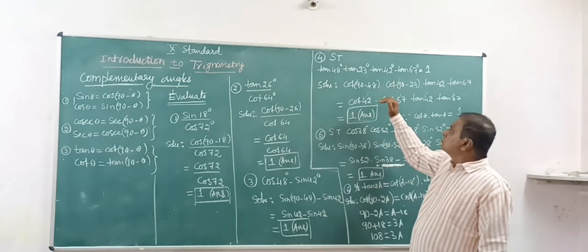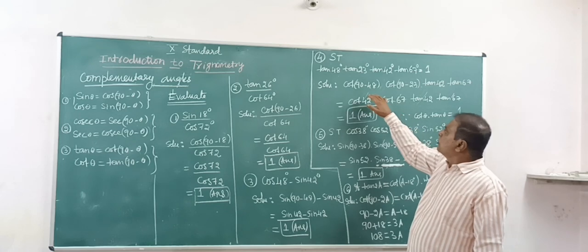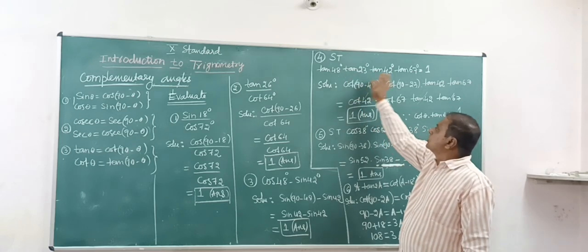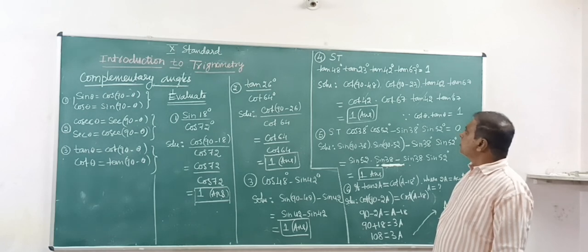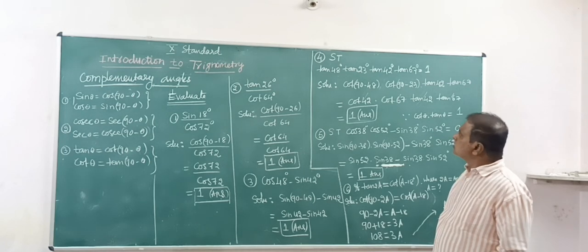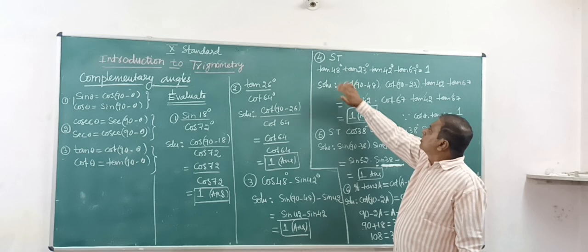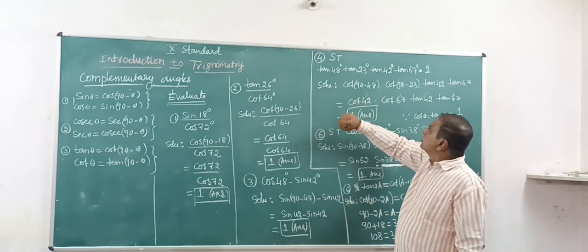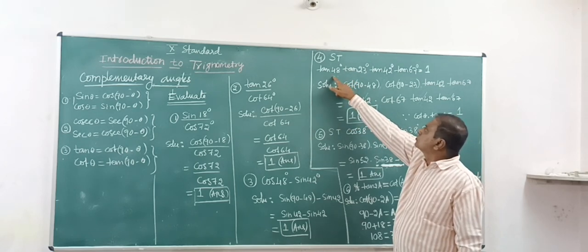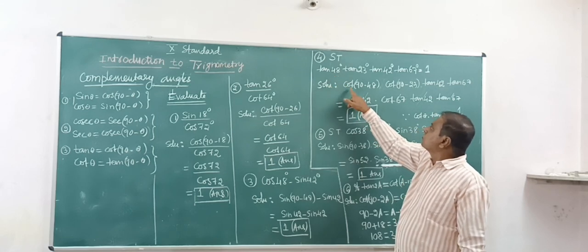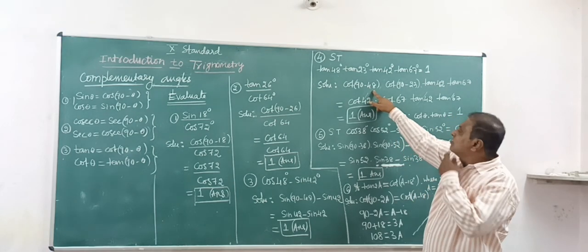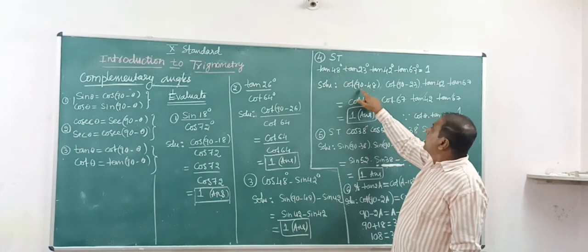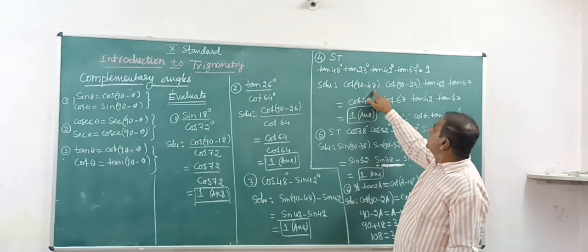Let us write the complementary of any two and check. Take this one and write the complementary for this, tan 48. It is cot of 90 minus 48.